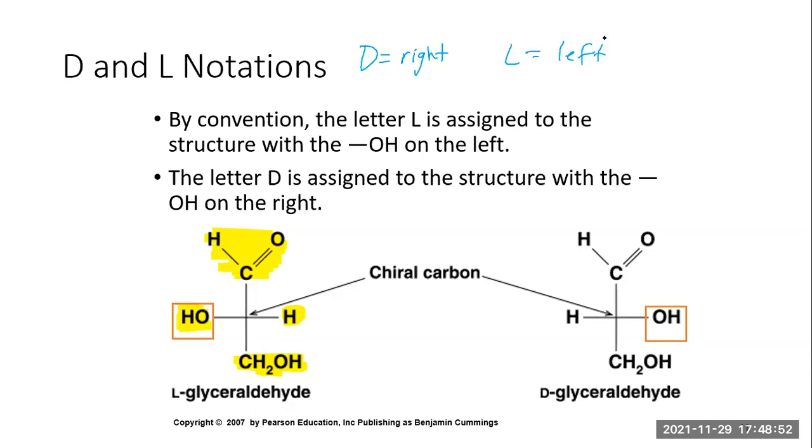And what are we really talking about? Well, we're talking about the OH group on the very last chiral carbon from the top, if you will. So we're looking at the placement of the OH group at the last chiral carbon from the top, or the most oxidized group.